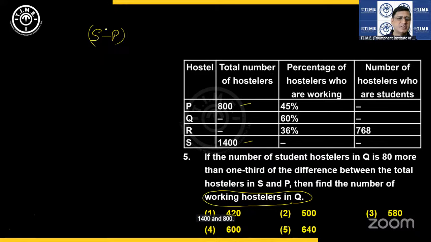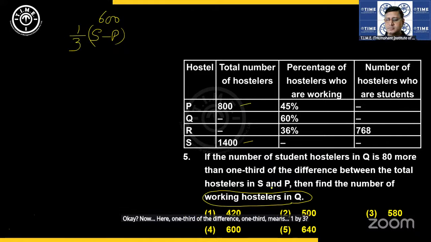What is the difference? 600. Now, 1/3 of the difference, plus what is it saying? 80 more. Plus 80.